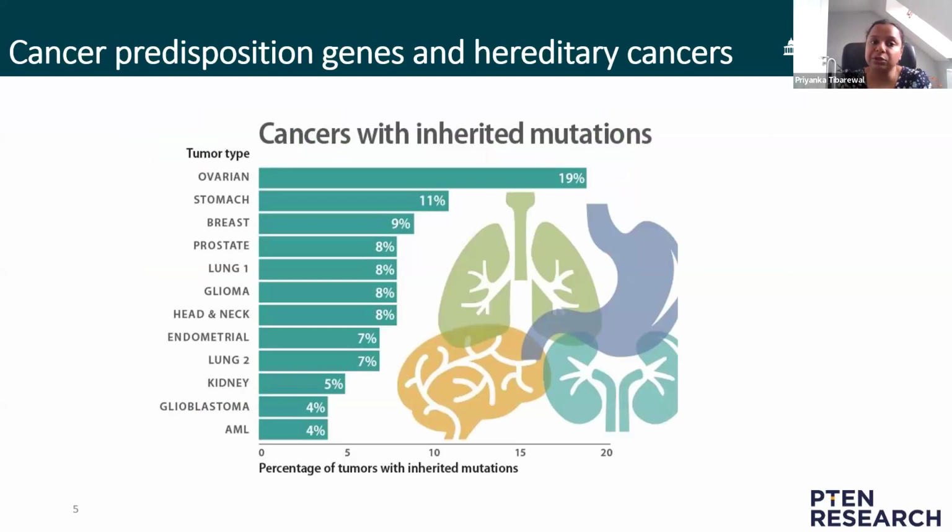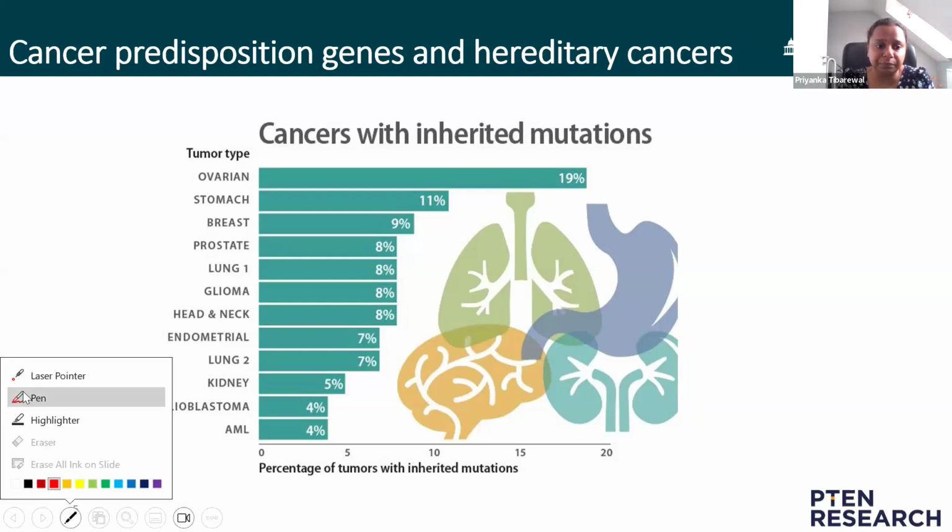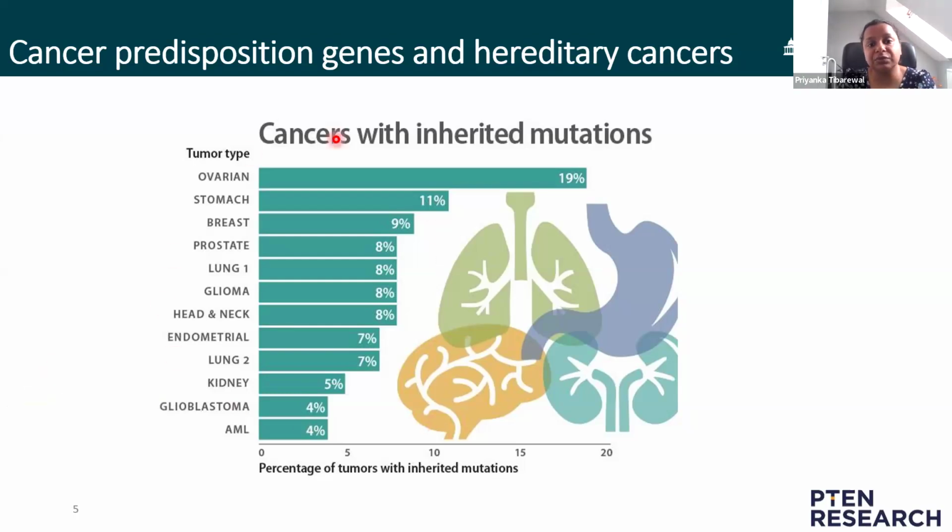Women with BRCA gene mutations tend to have a higher risk of breast cancer and ovarian cancer. Certain genes, such as the BRCA2 gene, can cause an increased risk of prostate cancer. I think this figure just gives you an idea of the different types of cancers that can be caused by these inherited mutations.